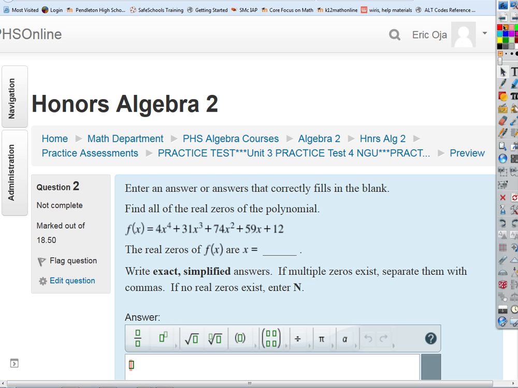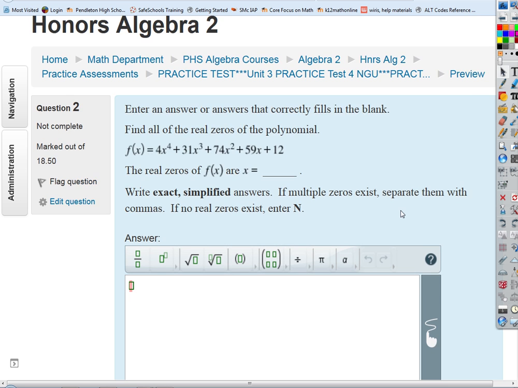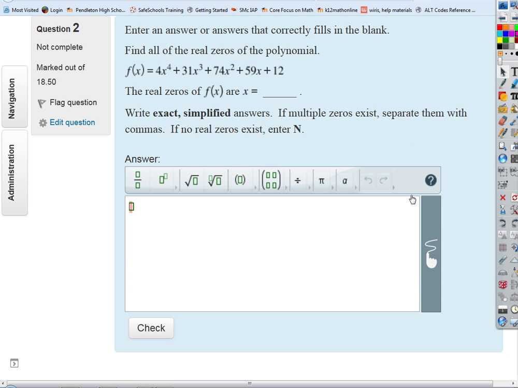All right, so let's try this guy. Same kind of thing. Only this time, what are we trying to do? Oh, real zeros, okay. So same kind of thing, right? What are our potential zeros going to be this time?